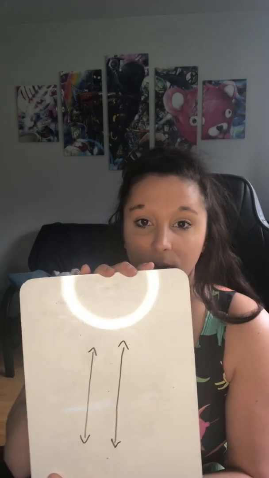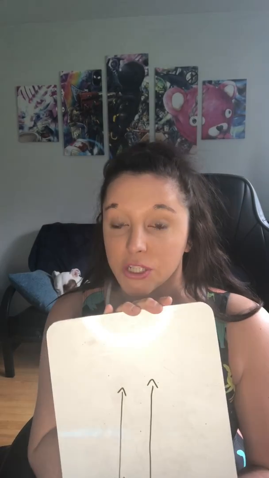Parallel lines. Parallel lines are two lines that never, no matter how long they go on, will never ever meet. They will never cross. Now, mine aren't perfectly straight, so mine probably have a chance of meeting at some point, but parallel lines do not.